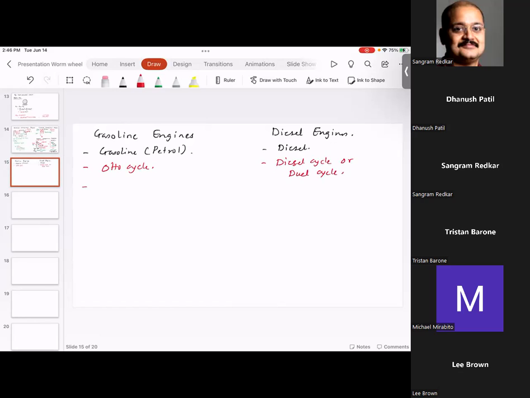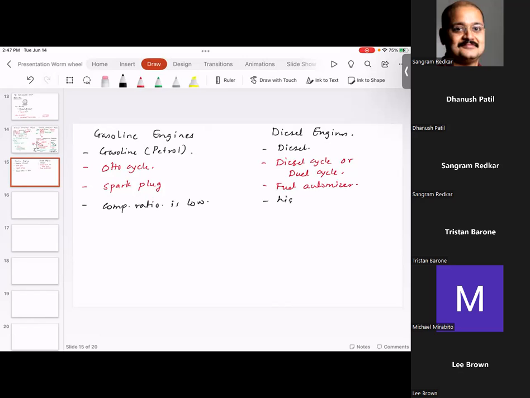In gasoline engine, you have a spark plug. And in diesel engine, you have the fuel atomizer or the nozzle or the sprayer. So then typically the gasoline engine compression ratio is low.